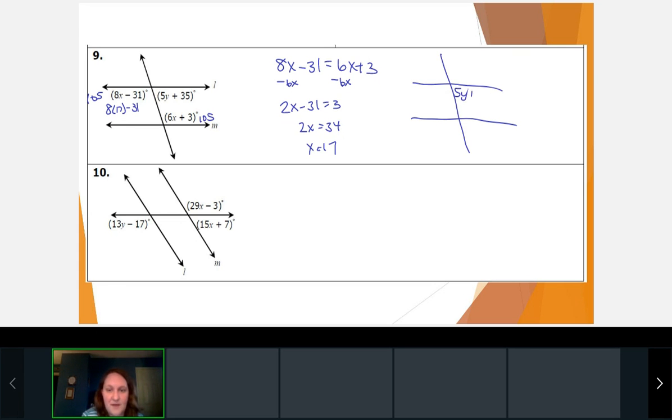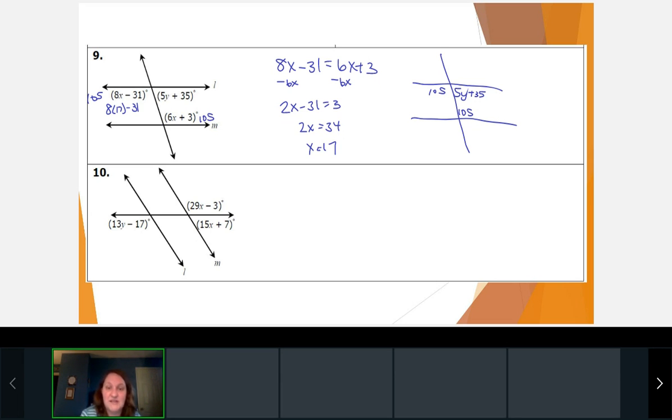This is 5y plus 35. And you know that this angle right here is 105. Or you know that this angle is 105. So you can pick whichever 105 you want to relate it to. In any case, the 5y plus 35 and the 105, are they going to be equal or supplementary? The 5y plus 35 and the 105 will be supplementary.